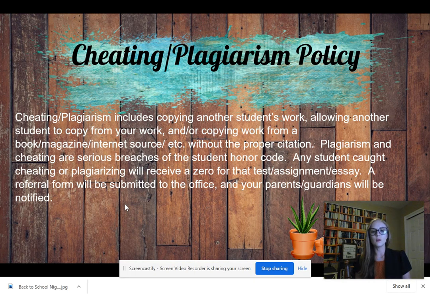A referral form will be submitted to the office and your parents or guardians will be notified. So please encourage your child to not cheat or plagiarize or allow other people to cheat or plagiarize off them. If they do, that is why they will receive a 0 for that assignment. I would rather give extra time than have a student feel like they need to plagiarize. So again, please reach out to me with any concerns.